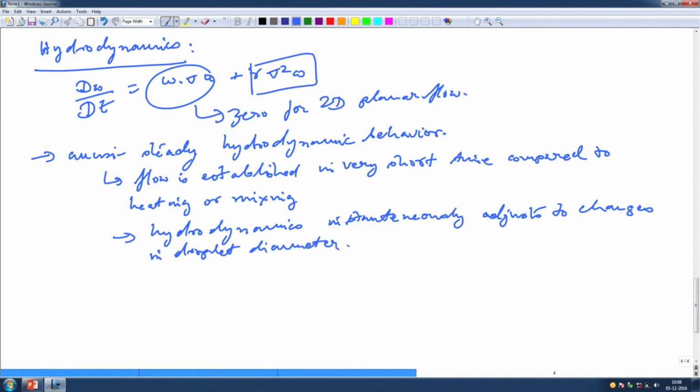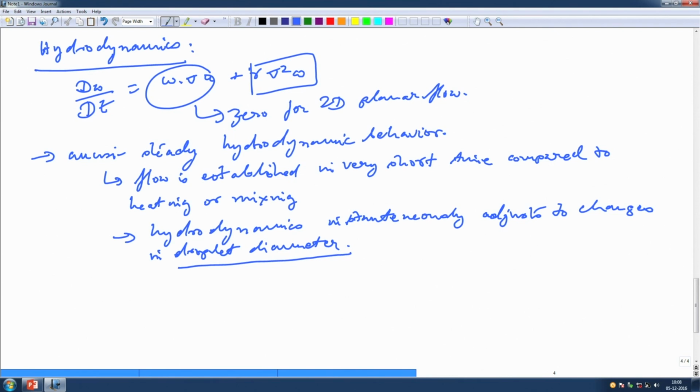Got it? So, the flow is established in very short time compared to heating or mixing, that is once again a quasi-steady kind of thing. Whatever happens, the flow adjusts the fastest, and the hydrodynamics instantly adjusts to the change in droplet diameter. That means, if the droplet diameter is shrinking and the hydrodynamics adjusts instantaneously, we can also take it to be quasi-steady in terms of the droplet itself, correct.